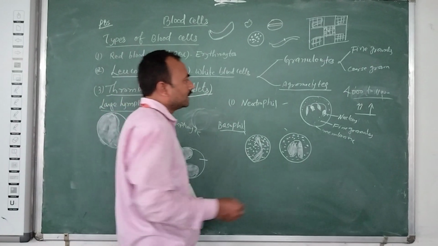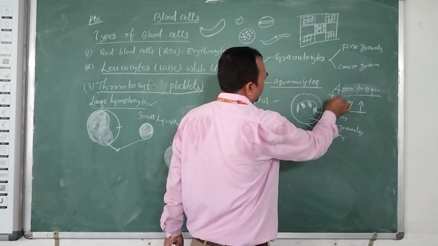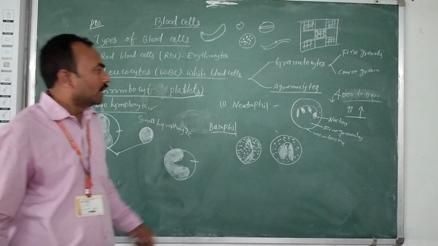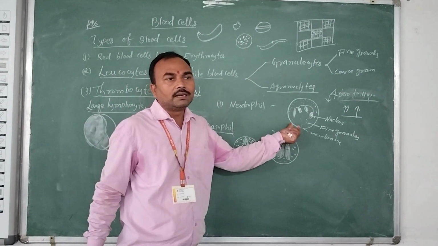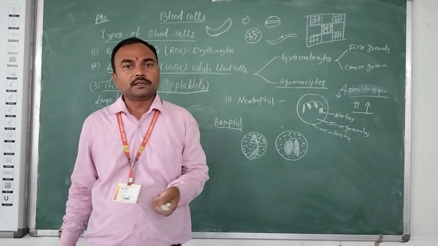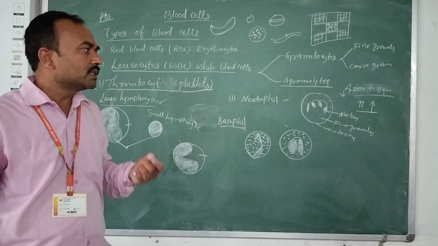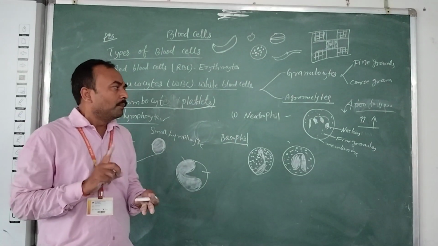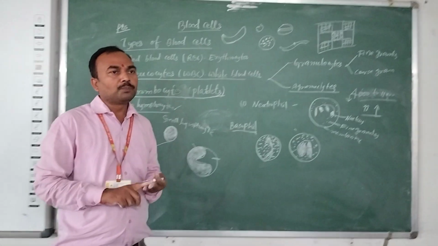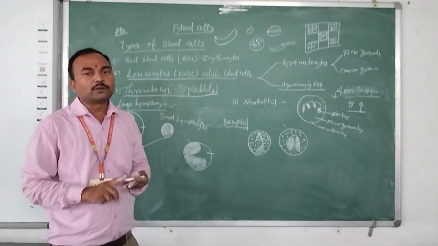Or if the total number of WBC cells is decreased, less than 4,000, and neutrophil is also less than 40%, then what will be the comment on PBS? The PBS comment would be neutropenic leukocytopenia.